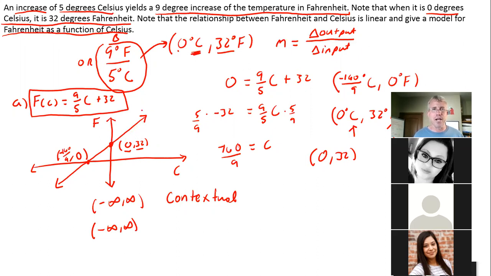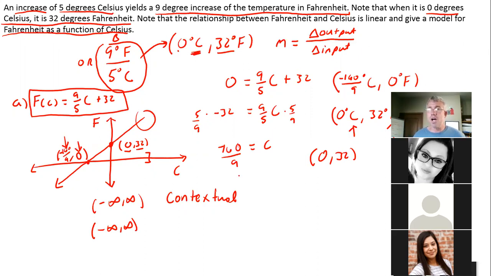It's okay for the arrow to keep going this way, even though we know it can't go forever. There has to be some place where it stops. The contextual domain is you finding where it stops, you finding where it begins. And then I come over here and say, hey, this is an input of negative 160 over 9 degrees Celsius. Is this the smallest Celsius temperature that exists? Is this the smallest Fahrenheit temperature that exists?